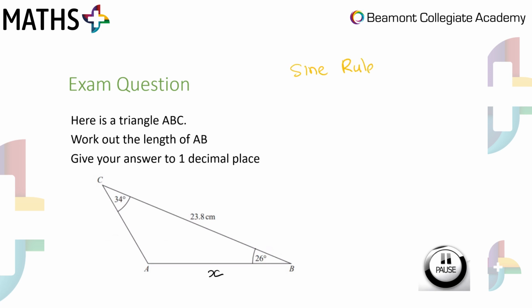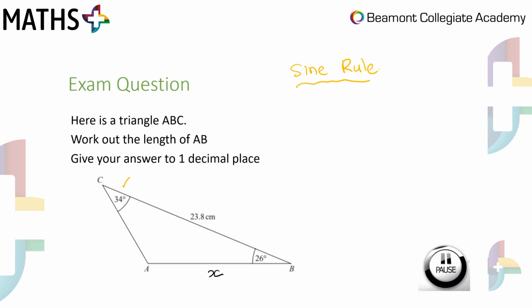Now, how we know we're using the sine rule, remember, is that sine rule is when we've got an opposite pair. So if I'm finding the length of x, I need to know the angle opposite x, which I do. And I've got 23.8.